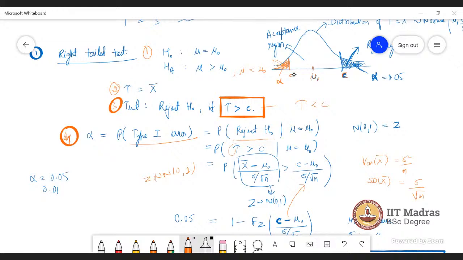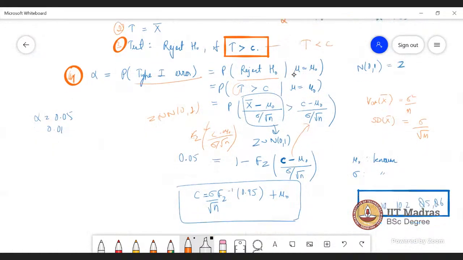Okay. So in that case, probability of type 1 error becomes probability t less than c given mu equals mu naught. And in that case, it will be just F_Z of (c minus mu naught) upon sigma upon root n. So both the right tail test and left tail test can be solved like this.